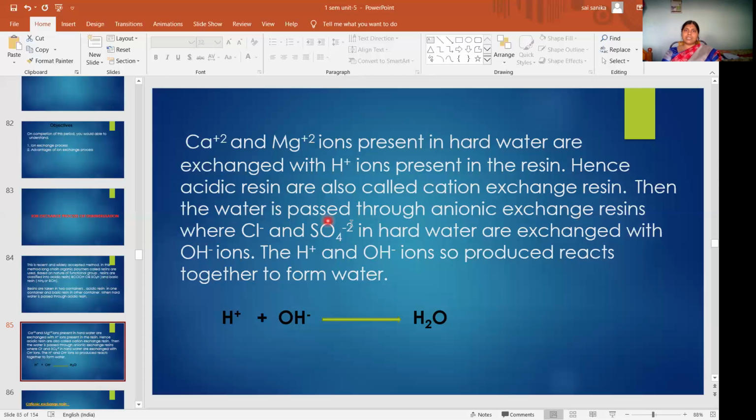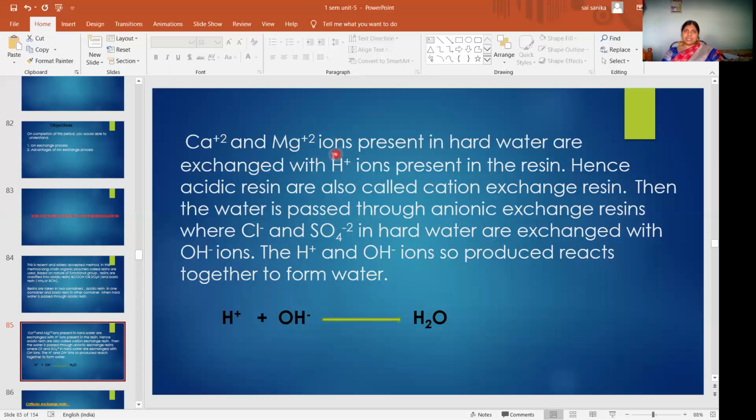Then the water is passed through anionic exchange resins where Cl minus and SO4 minus 2 in hard water are exchanged with OH minus ions. So first we are passing hard water onto the acidic resin. There what is happening?